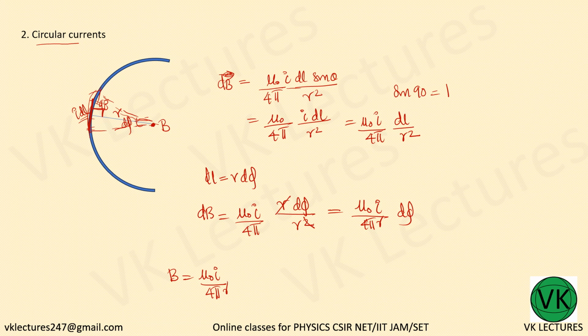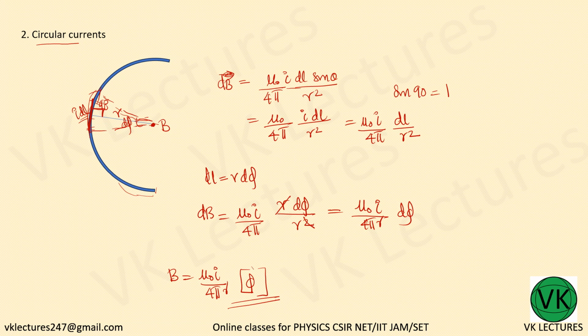This dB corresponds to the small angle d phi, so B will correspond to the total element, the total angle phi. How much angle does it make at the center? From here to here, that much angle is phi.